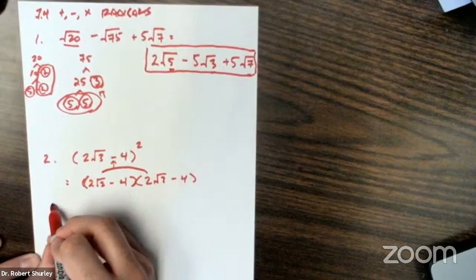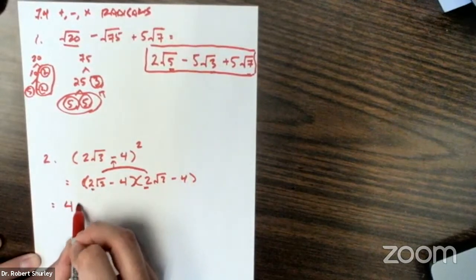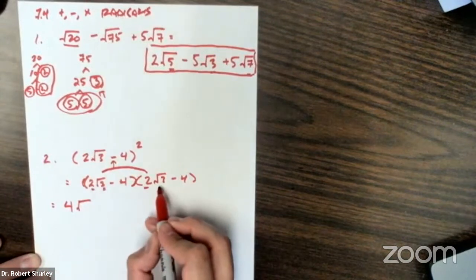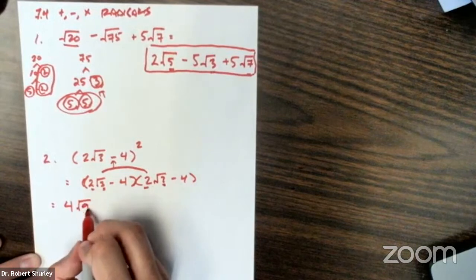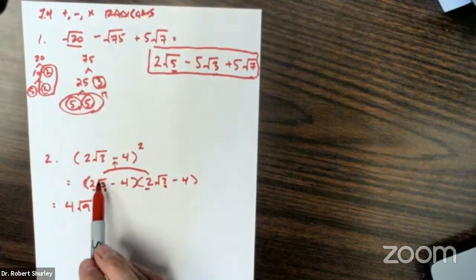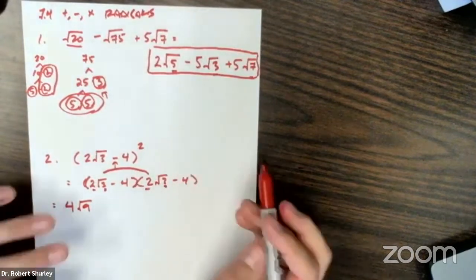Square roots. So we multiply the coefficients, 2 and 2, which gives us 4, by the radicands, or what's underneath the radical. 3 times 3 gives me 9. So 2 square root of 3 times 2 square root of 3 gives me 4 square root of 9, which will simplify quite nicely.